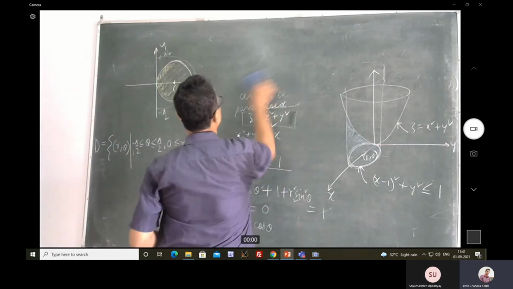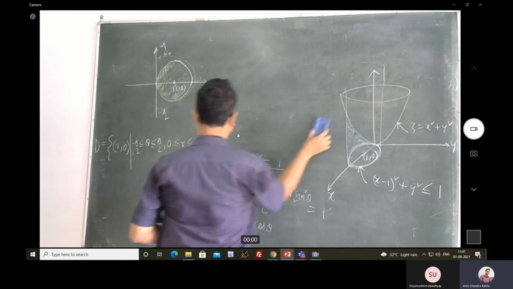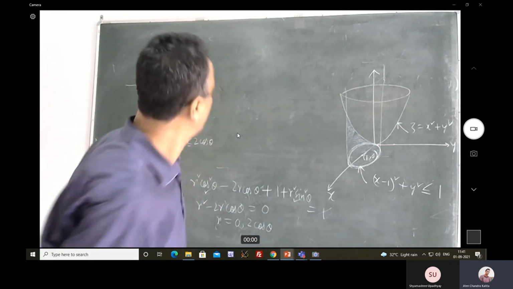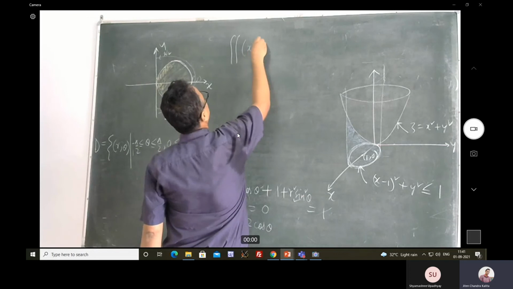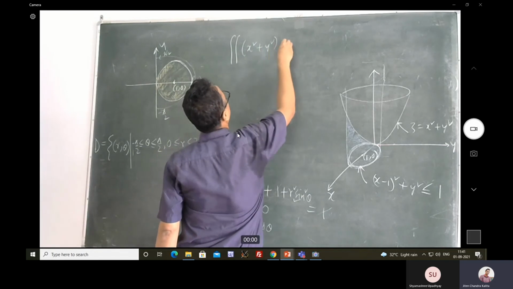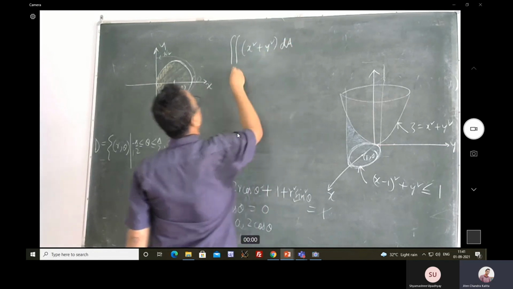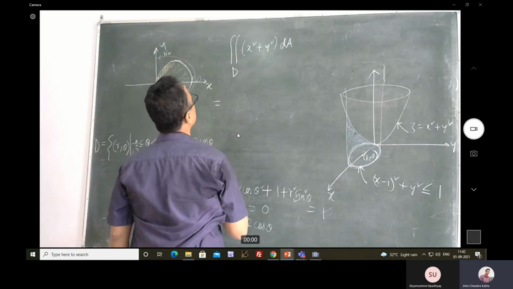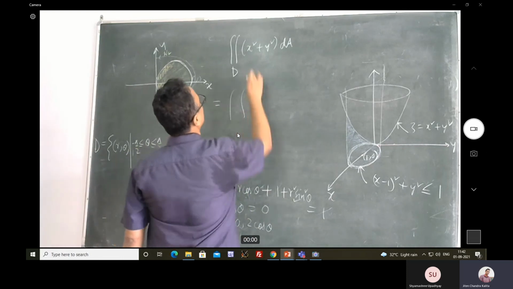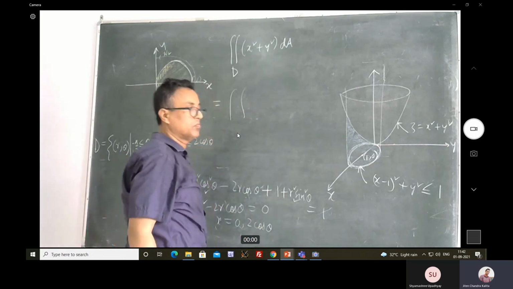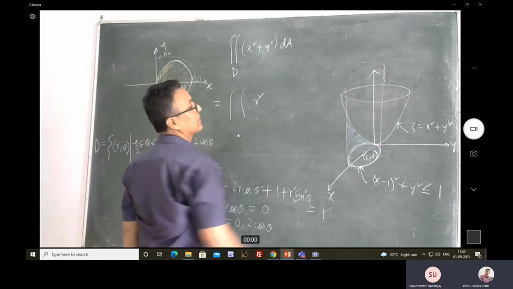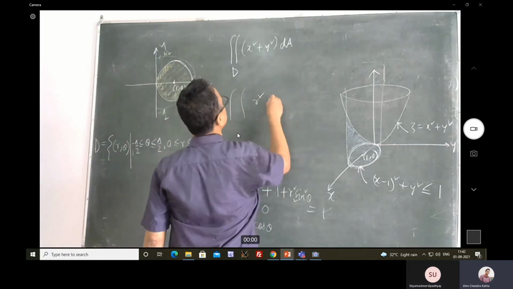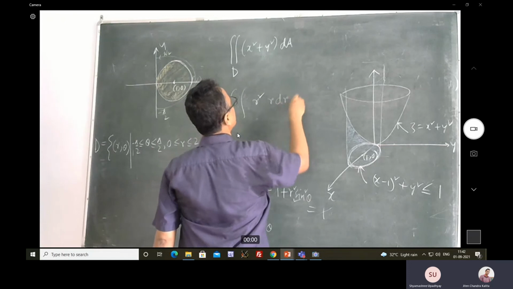Then what is going to happen if I want to evaluate this integral with dA? This is simply going to be x squared plus y squared. If you express it in polar coordinates, this is simply r squared, and dA is r dr d theta.